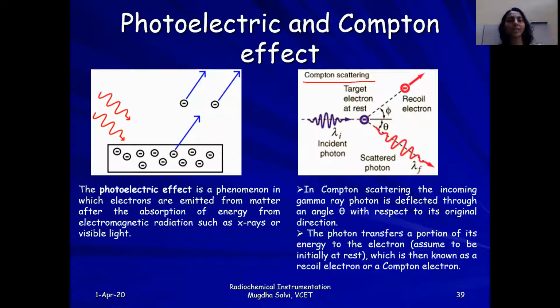So what is Compton scattering? Here you can observe that there is one incident photon which is incident on a target rest electron. When it impinges on this electron, there will be a recoil electron and a scattered photon, at an angle phi and theta.